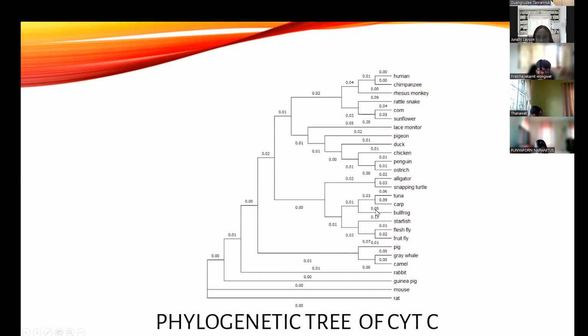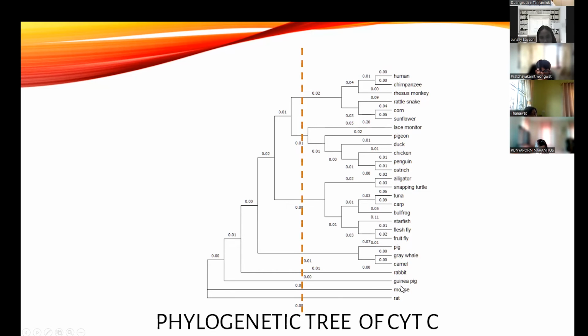And how can you learn what this tree is? Normally, we cut the tree like this. So when you cut the tree, you can see that this one is a clade of birds: duck, chicken, penguin. This one is fish.